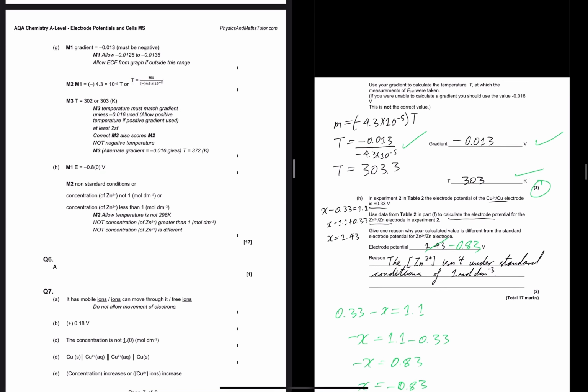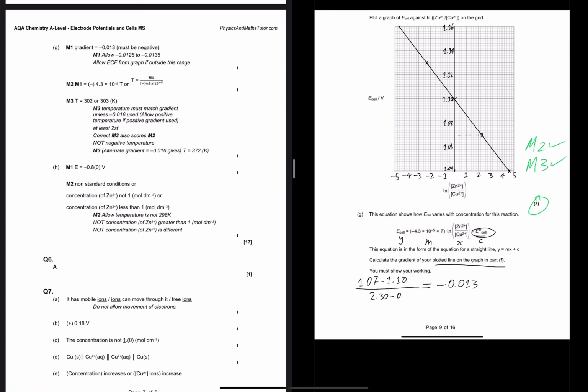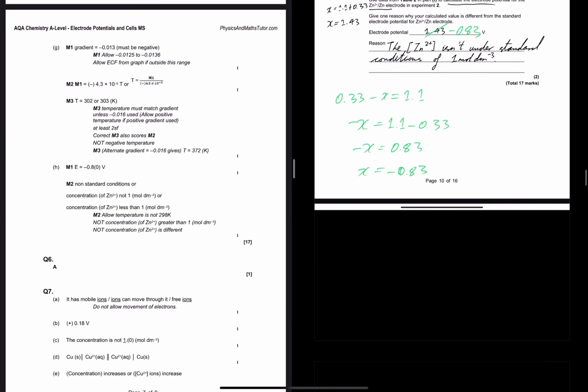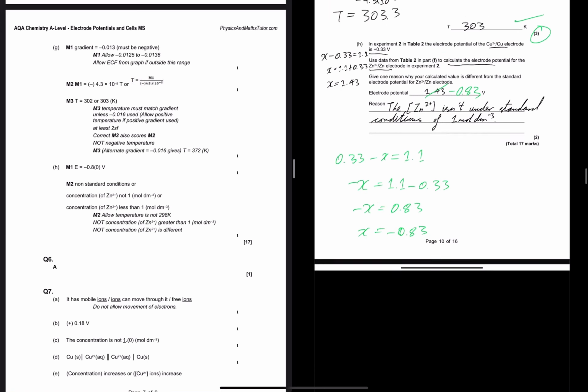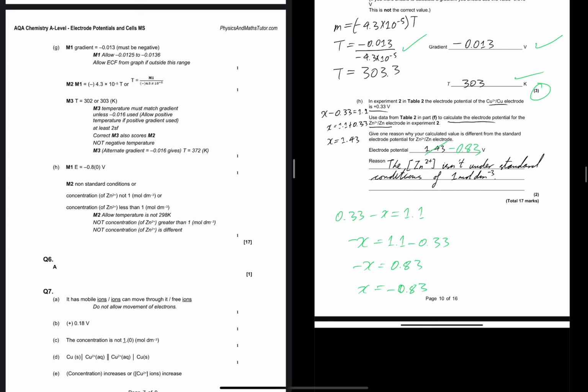But the electrode potential here from the graph is 1.1. Right, that's the y-intercept. They represent the electric potential of a cell as being 1.1. And you said here 0.33. I haven't got an answer for you guys. I'm not going to act like I do have an answer for you, unless I'm missing something completely obvious.